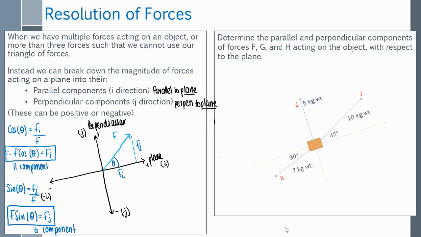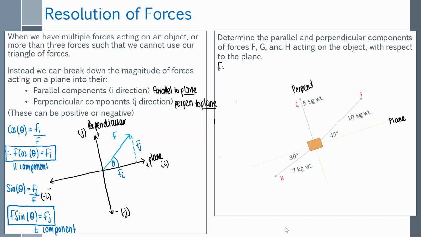Let's put this into practice with an example. Determine the parallel and perpendicular components of forces F, G, and H acting on the object below with respect to the plane. Before we do this, let's look at the information we have. Our plane is the dotted yellow line that's tilted slightly from the horizontal.